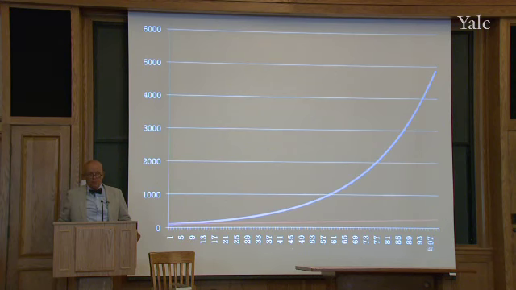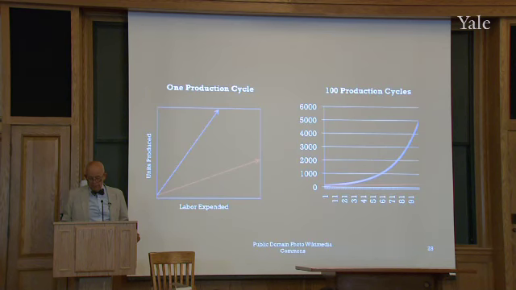And if you project differences in rates of return over long periods, here I've put 100 production cycles, and one curve is increasing at 1%, the red one. The other is increasing at 4% per cycle. And by the end of the period, there is a monstrous difference in the rate at which they are accumulating.